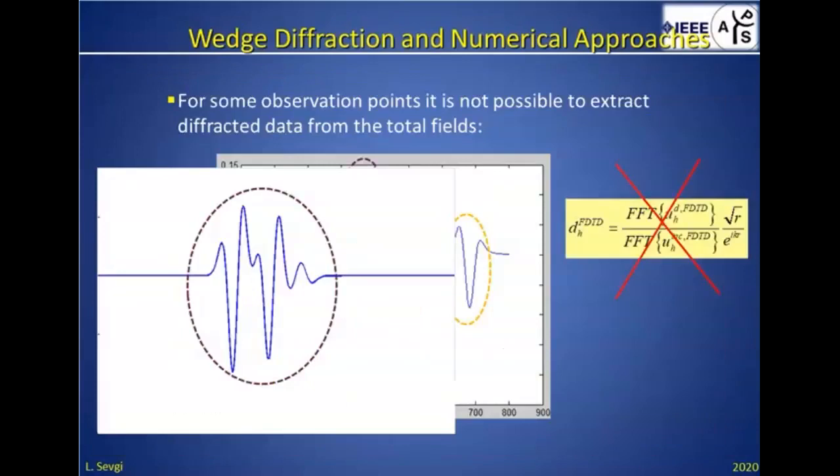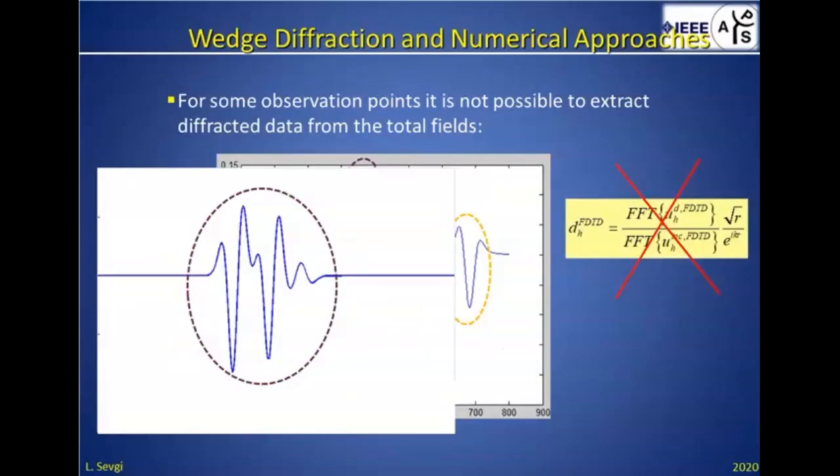Now, unfortunately, for some observation points, it is not possible to observe the incident, diffracted, and reflected fields separated in the time domain. But for another receiver, we observe this one.